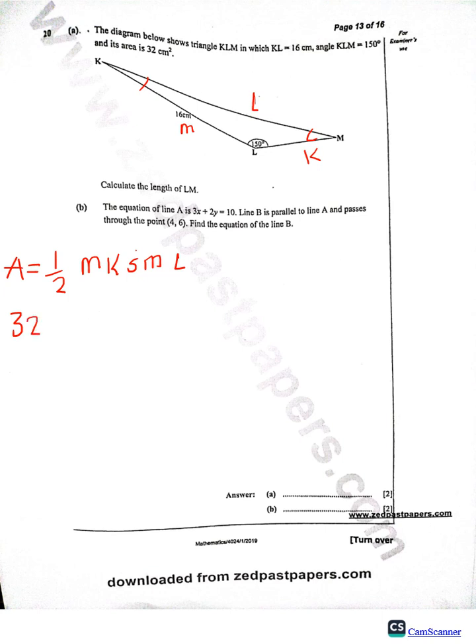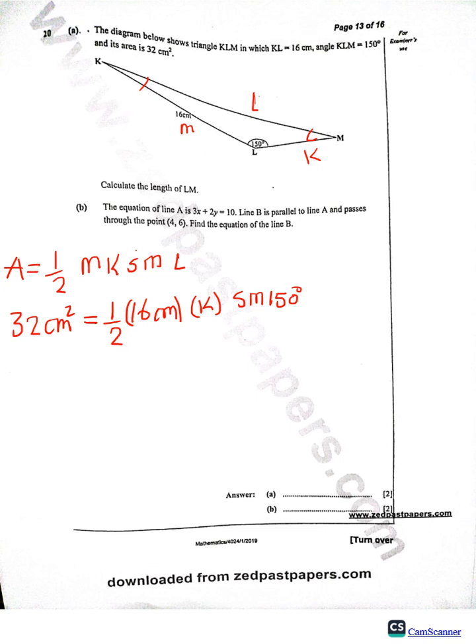So where we have A we put this, which is equal to half. The distance M is 16 centimeters. Then distance K is what we are solving for. Then sine 150.